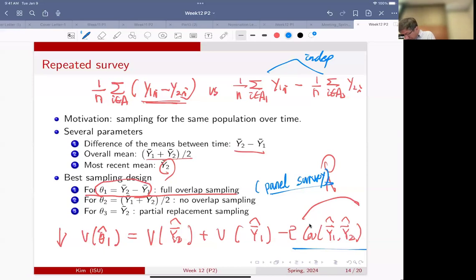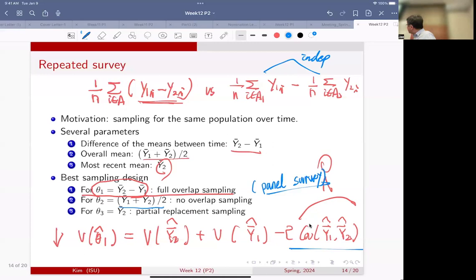Another estimate is, if you are interested in the sum, so now you have a plus. If you want to minimize the variance, that means you want the covariance to be 0. So no overlap sampling will be the best sampling.